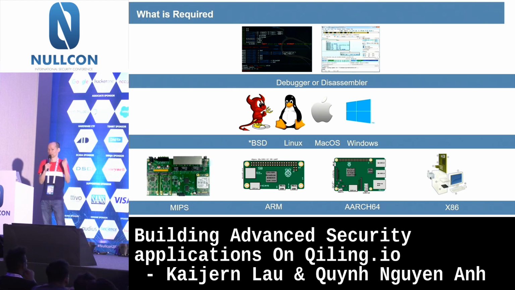Shellcode can be for Mips, ARM, ARM64, Intel, and shellcode can be for different operating systems: Windows, Mac, Linux, BSD, and so on. So our shellcode emulator needs to be able to support all kinds of these operating systems, and it needs to understand all the CPU instructions of those shellcodes as well.